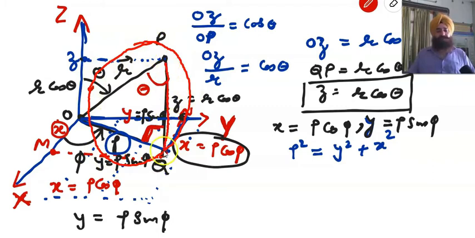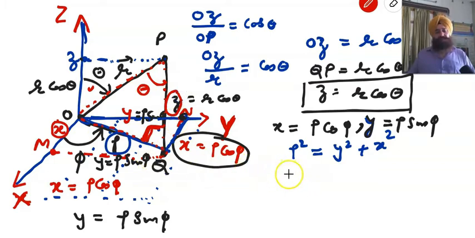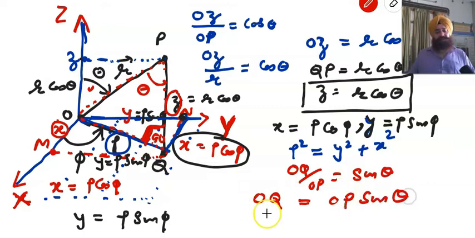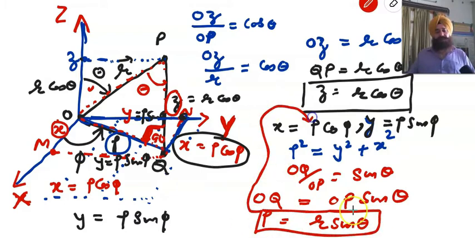This line is the base, this line is the perpendicular, and this line is the hypotenuse. Writing sine theta in this right angle triangle, perpendicular over hypotenuse is sine theta. So rho becomes r sine theta.